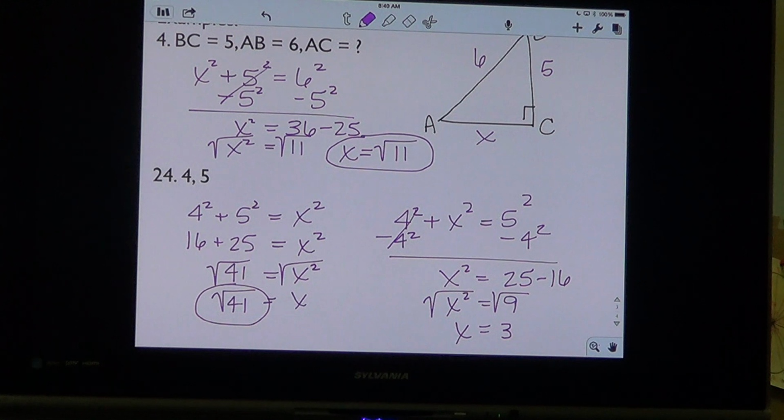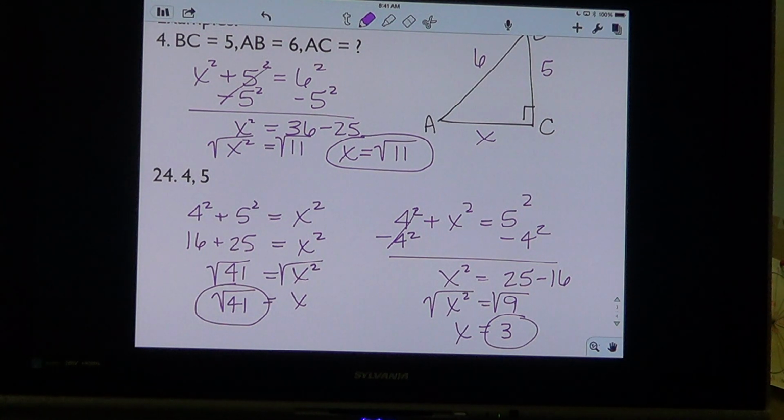Since we're solving square root problems, let me just say, normally when you take the square root of a number, you have 2 answers, the positive answer and the negative answer, because positive 3 squared would equal 9, but also negative 3 squared would equal 9. But since this is geometry class and we're talking about sides of triangles, they're not going to be negative numbers, okay?